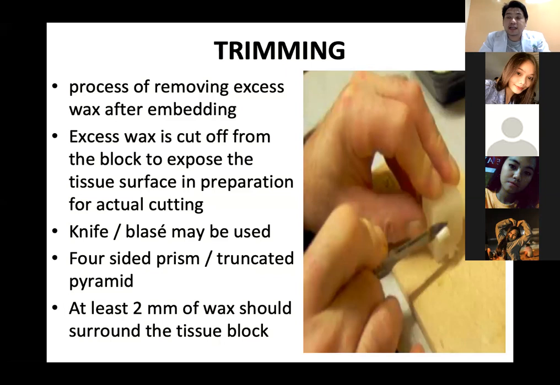But after hardening, class, the tissue is somewhere in the middle and covered by excessive embedding medium. So what we do, we expose or we trim those parts near the tissues. At least 2 millimeters of wax surrounding the tissue before sectioning. The other reason, class, is to fit the block on the microtome.